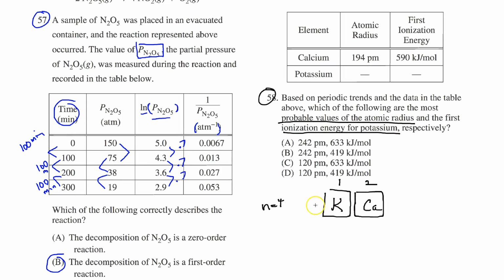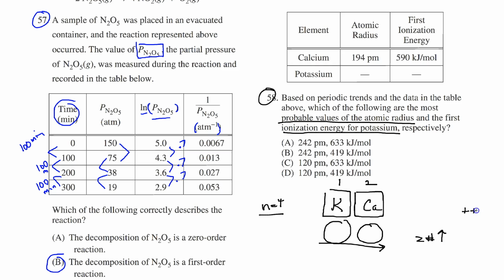So they're in the same row, same energy level. And what do we know going across? Calcium has one more proton, which means its nuclear charge is a bit greater. And so the atomic radius of calcium should be a bit smaller. As we go across the periodic table, the nuclear charge, or the Z number, the number of protons, increases.